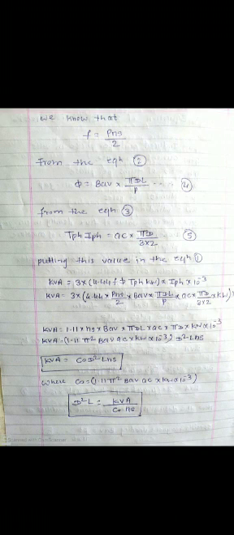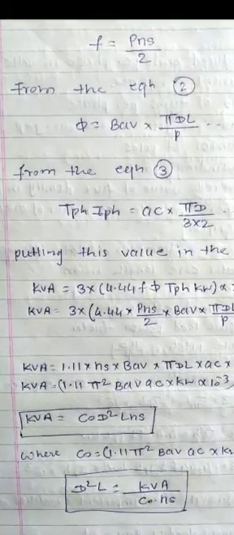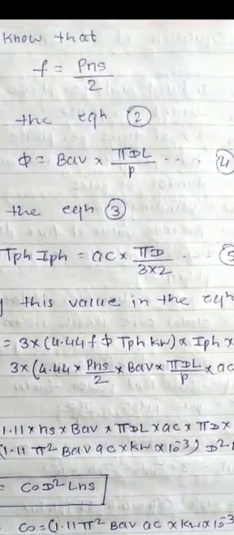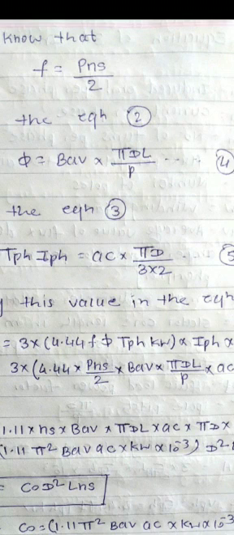Now, what is equation number 2? That is the specific magnetic loading, and from that equation we have to take the phi value.